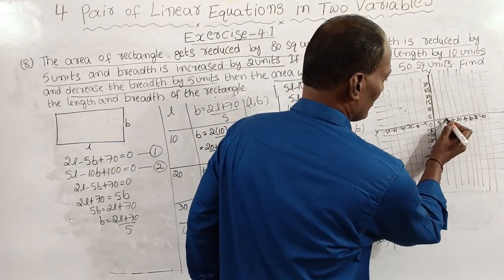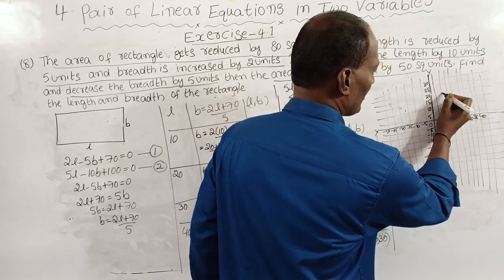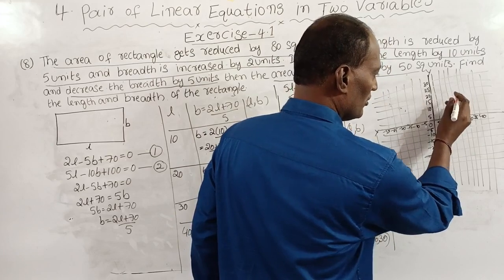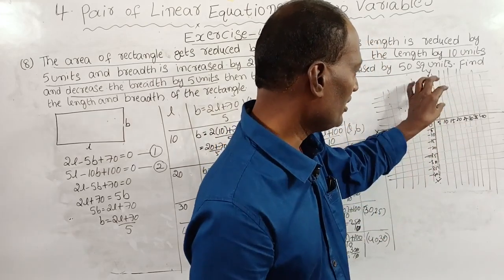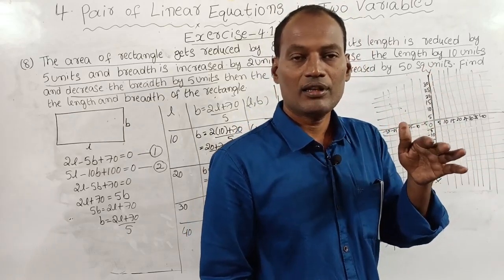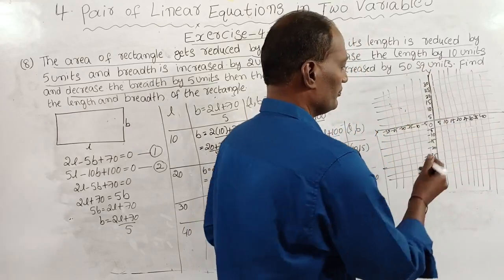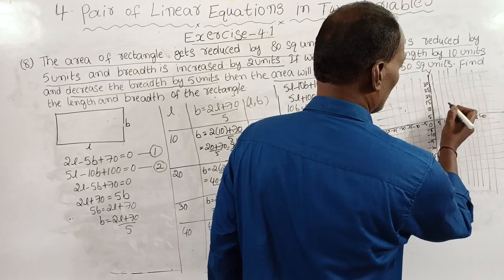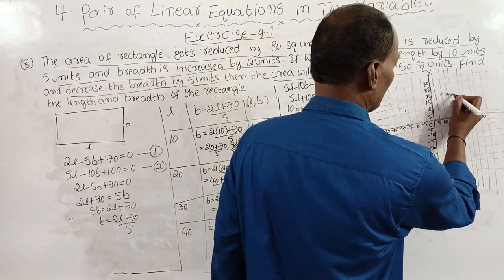This is 10, this is 18. Here on the y-axis is 20. If you go down some, between 15 and 20 there are 10 small lines. You can calculate, then you can exactly put 18. Here it will come like that, 10, 18.